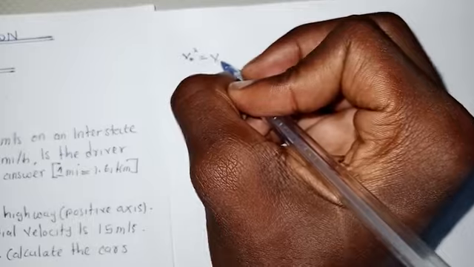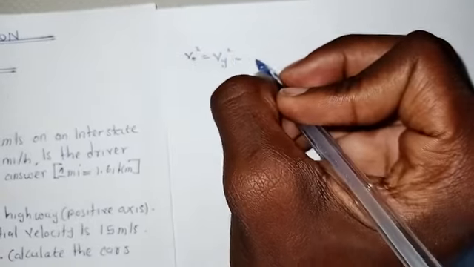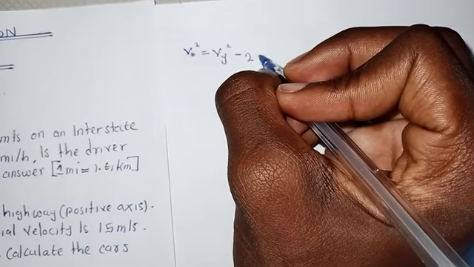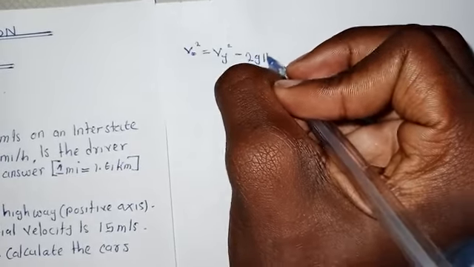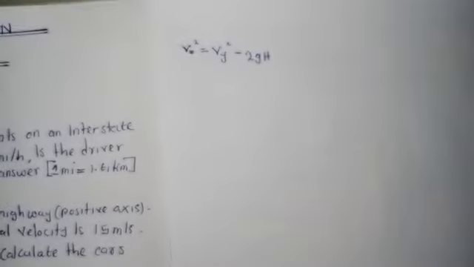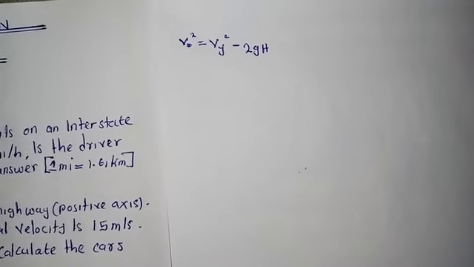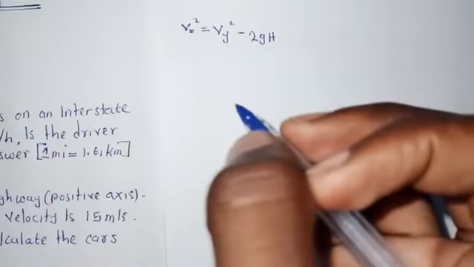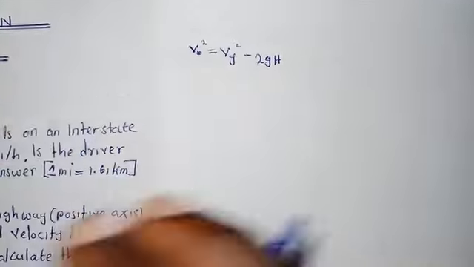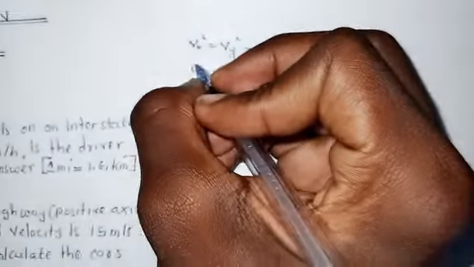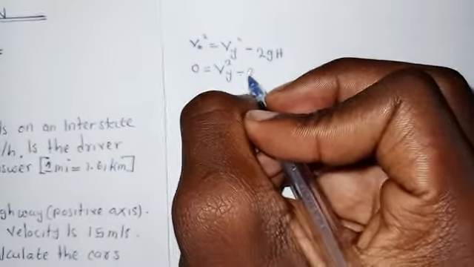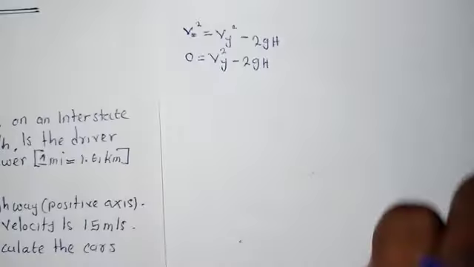Then this is going to be Vy squared minus 2, instead of putting A, we put G, then H. Okay? I'm sure you are familiar with this formula by now. Then we know that since we are starting at some point initial, therefore we are going to put a 0 here, equal to V squared Y minus 2GH, like this.